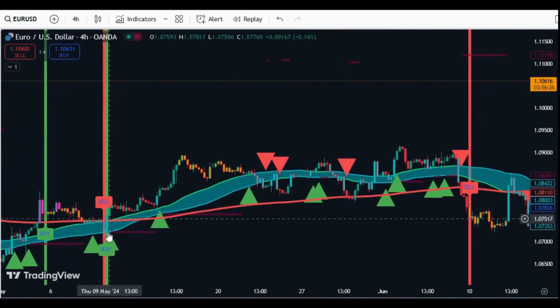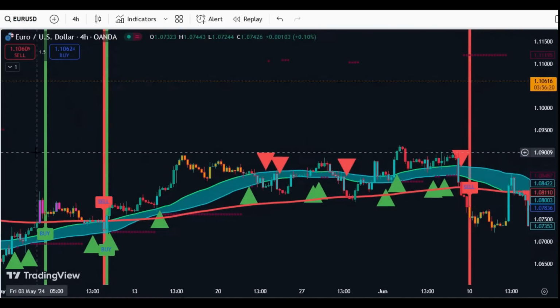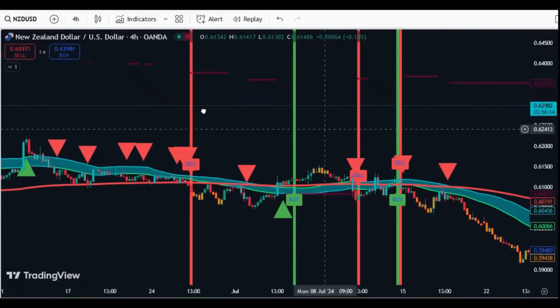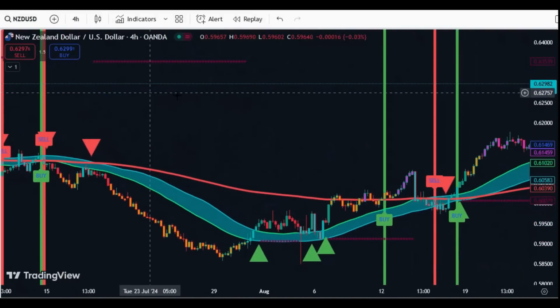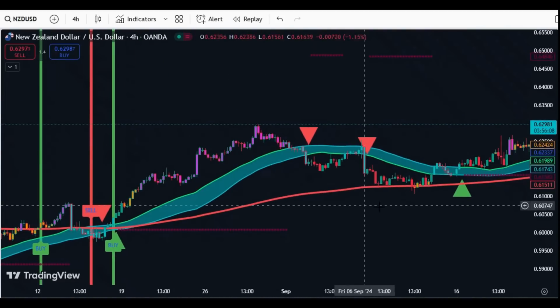It will look like price is about to go against you, and a lot of people will panic and close the trade, and all of a sudden they see that the trade is now moving in their direction. So this is something you need to bear in mind and always focus on, because it's something that will make you money at the end of the day.